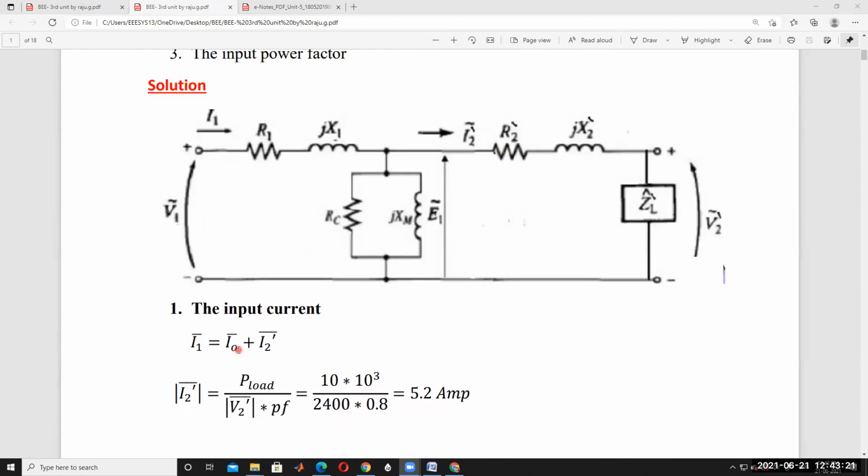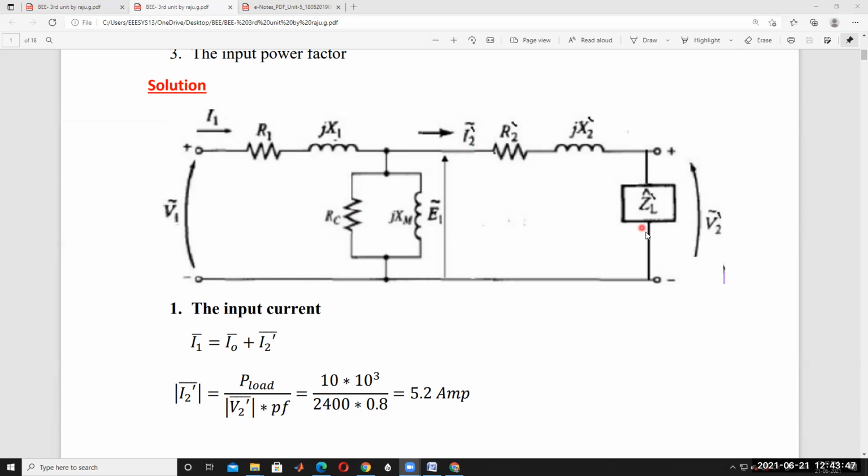So how to find the input current? Here I0 is nothing but E1 divided by the impedance, voltage divided by resistance. These two are in parallel, RC and j into Xm. If you know the voltage across this branch, E1 divided by RC in parallel with j into Xm gives you I0. And then how to find I2, the current flowing into the load?